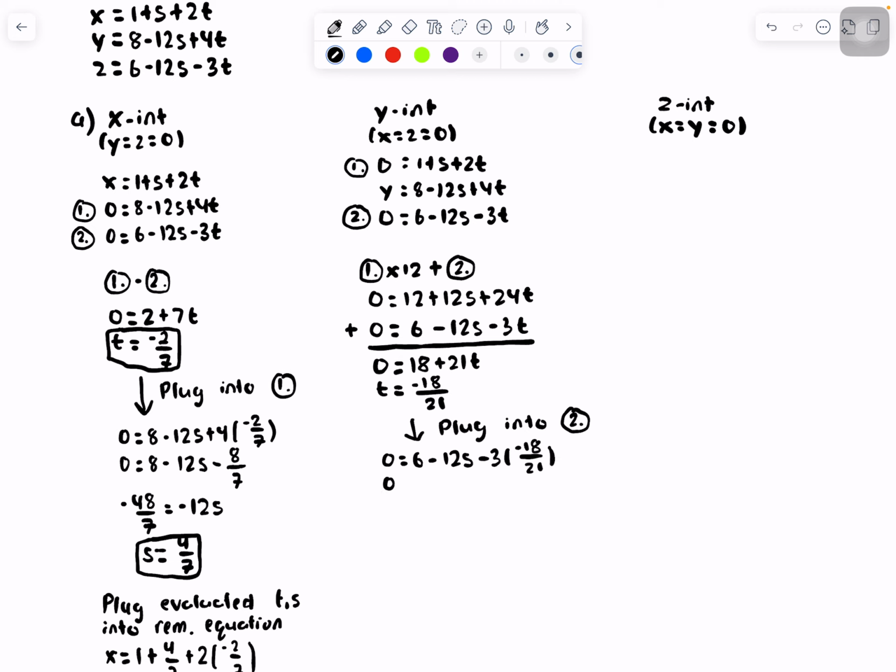Okay, nobody expects you to do this kind of mental math. So we got 6 minus 12s minus 3 times 18, 1, plus 18 over 7. That's in reduced form.